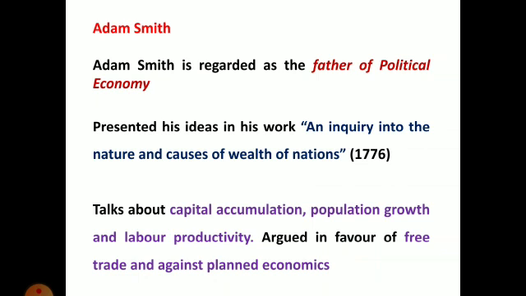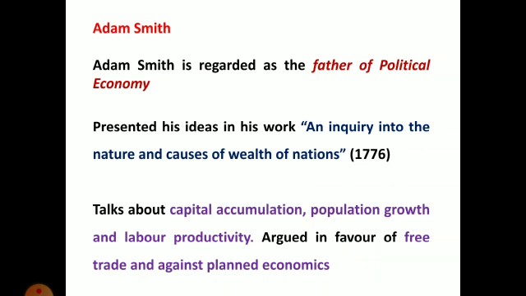Now let's see the propagation of Adam Smith in the field of economic development. Adam Smith is regarded as the father of political economy.